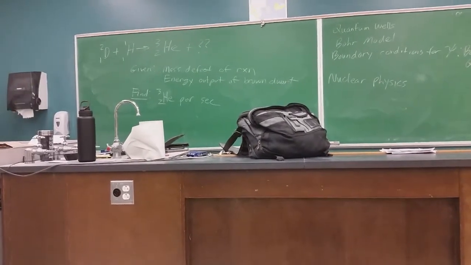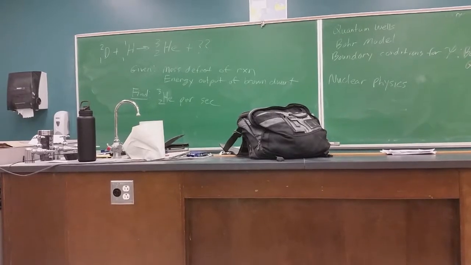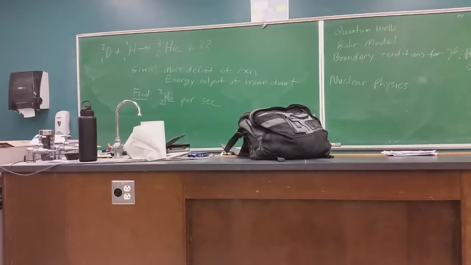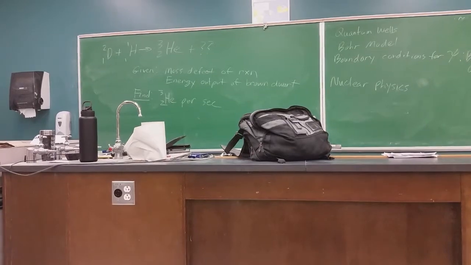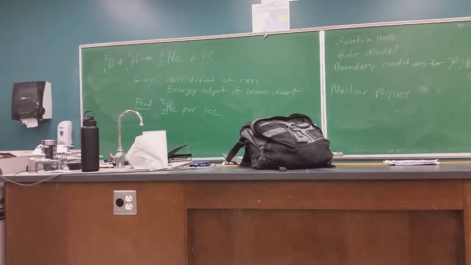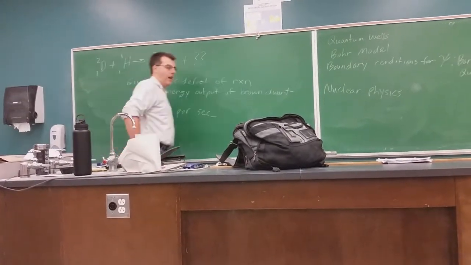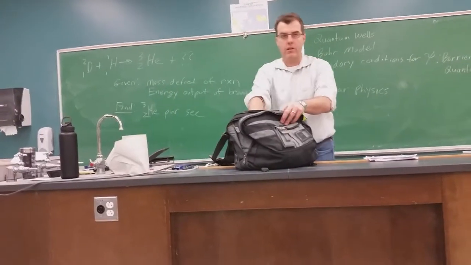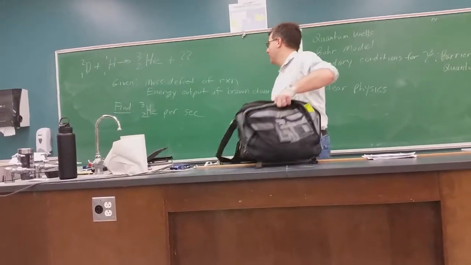First of all, are there any other products from this fusion reaction? Because I'm obviously not going to give you exactly the brown dwarf problem. It would be perfectly fair to give you a reaction and ask if there are any other products from that reaction.